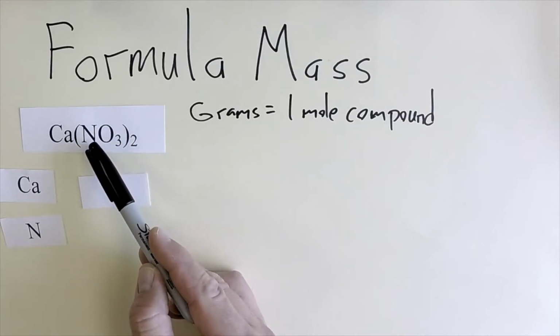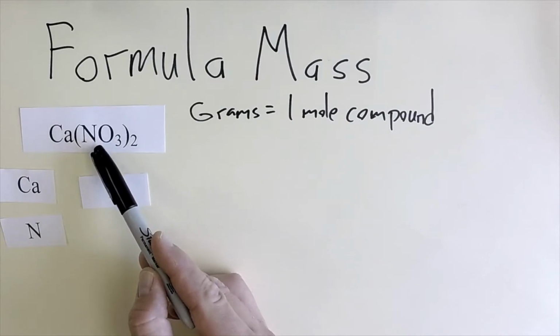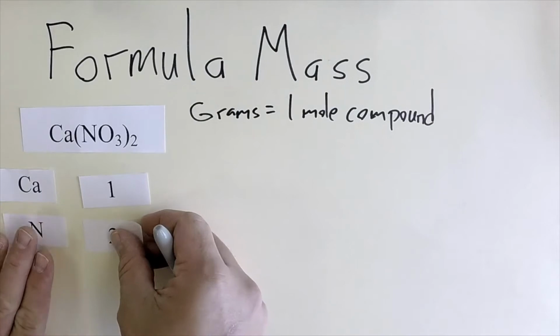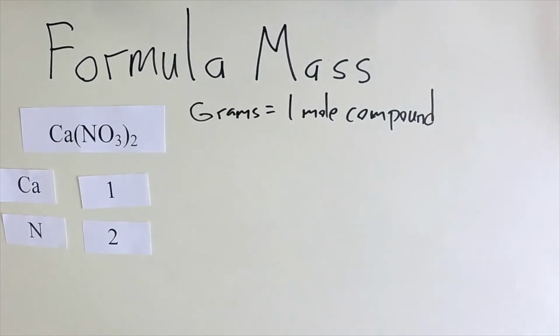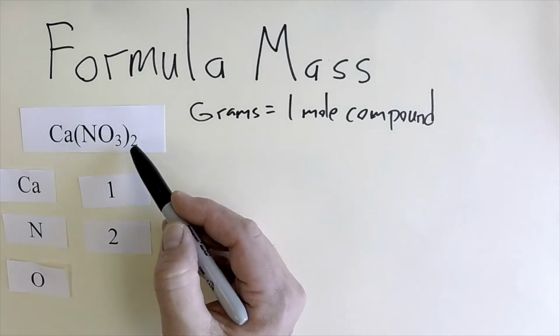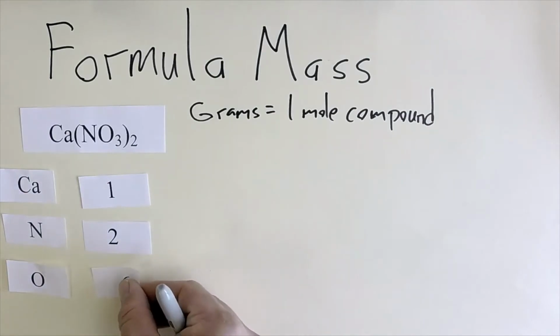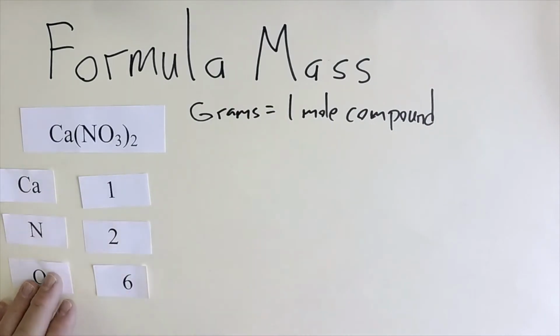So 2 times 1, 1 being the subscript for nitrogen, gives us 2 atoms of nitrogen. For the oxygen, 2 times 3 gives us 6 atoms of oxygen. So we have 1 calcium atom, 2 nitrogen atoms, and 6 oxygen atoms.